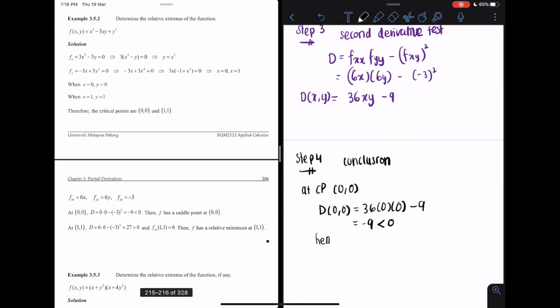Hence (0, 0) is not a relative maximum but a saddle point.